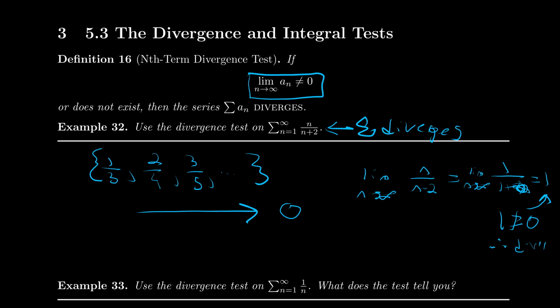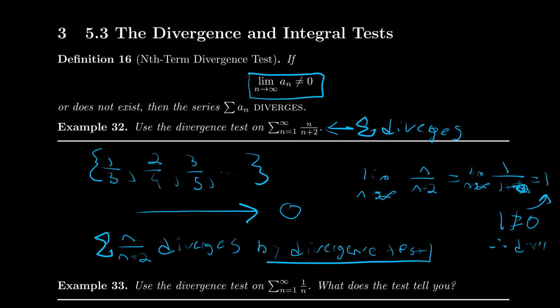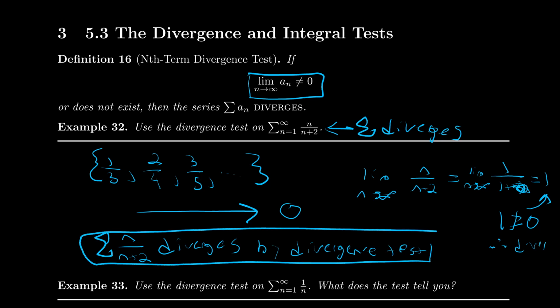Even with this chicken scratch on here, I would have some idea of what you meant, but the best way to answer this is by saying that the series, and you should write the whole series out, n over n plus 2, diverges by the test for divergence, or the divergence test. So that's your answer.